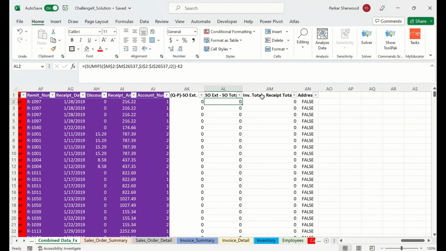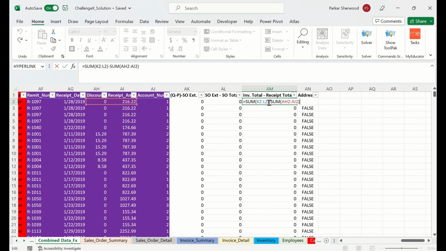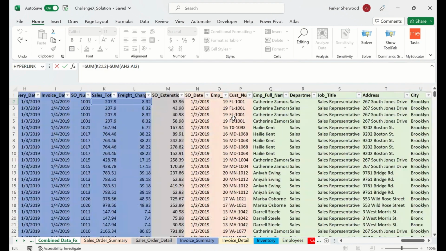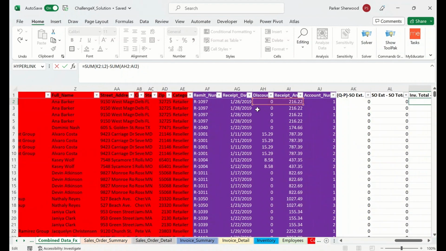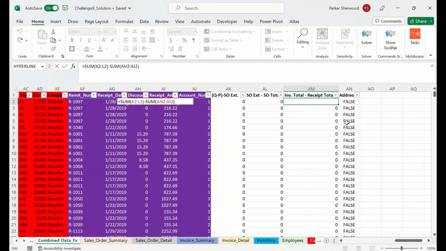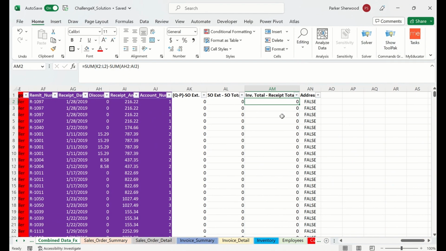And then this invoice total minus receipt total takes the sales order total plus the freight, shown here, minus the discount, minus the receipt amount. And so this should always be 0. If it's not 0, that means that Porter's Plates isn't collecting the correct amount of cash that is documented.